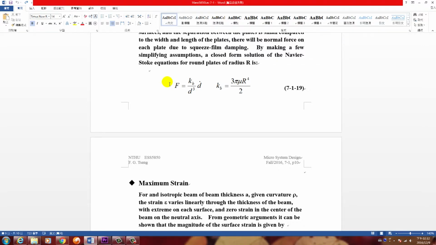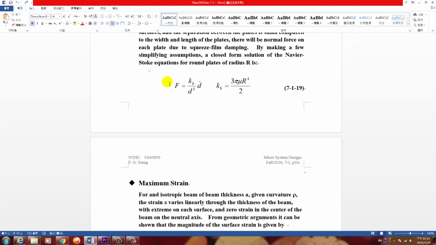So in your homework, you were asked to calculate the damping of the system, and to see, with this kind of damping, which kind of dynamic situation the whole system is in: under damping, over damping, or critical damping.